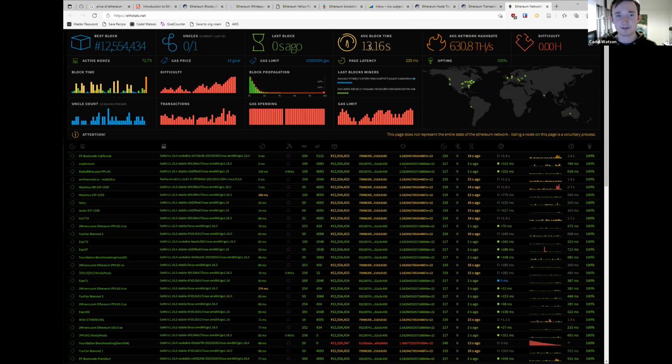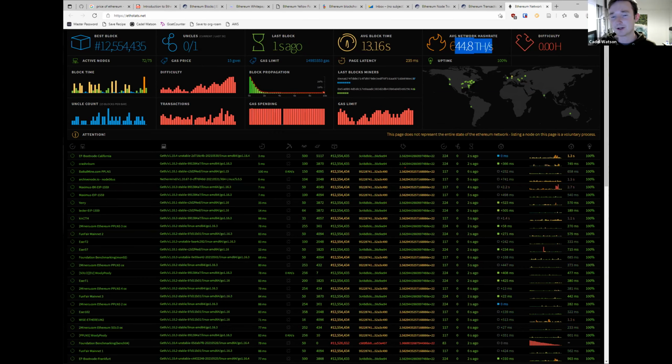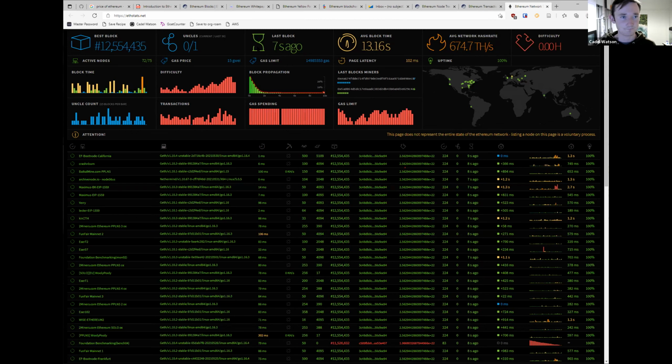The average block time is 13 seconds. The total hash rate of the network, so how much computing power the whole network has, is listed here as well. And we get nice graphs of block time and so on. And we'll come back to this screen throughout.